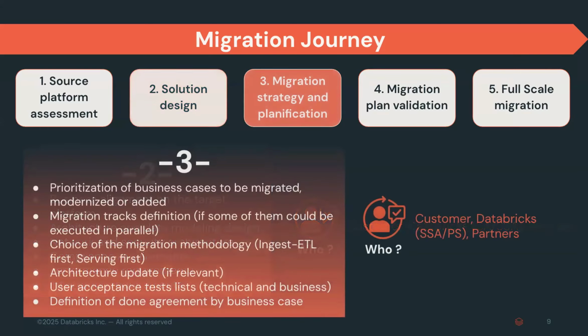Number 3 would be outlining, based on the learnings, the migration strategy and planning. Again, a preparational exercise, and by the narration of real work, this is still assessment work. This is still design work. But exactly as the outcome of this phase, we expect to have the migration plan. Typically, the migration plan would imply some of the phases used with regards to assessment, POCs, MVPs, and the so-called wave approach.